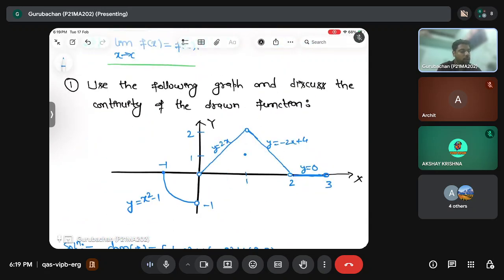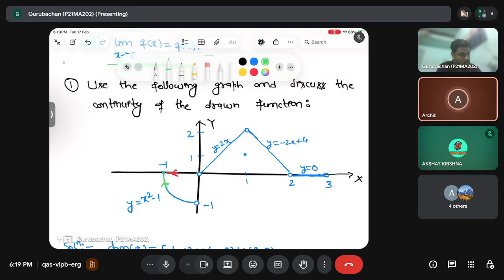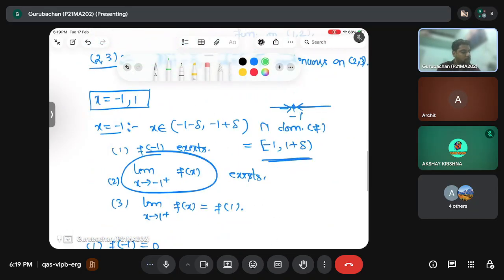What do you want to talk about? You want to talk about its right hand limit. So you have to approach this minus 1 from the right hand side. Then the function will go to which point? This one. Yes, sir, 0. So the value will be 0.